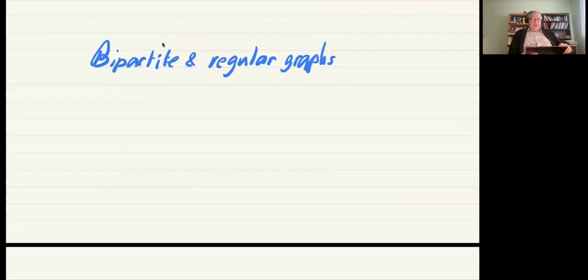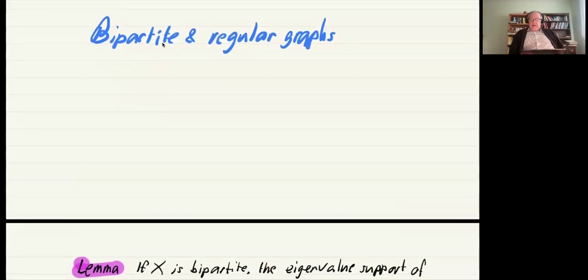Now, the next thing I want to discuss, and again, we're looking at special cases of what we can learn from our characterization of the PST. It turns out for bipartite graphs and regular graphs, we can say something a little stronger.